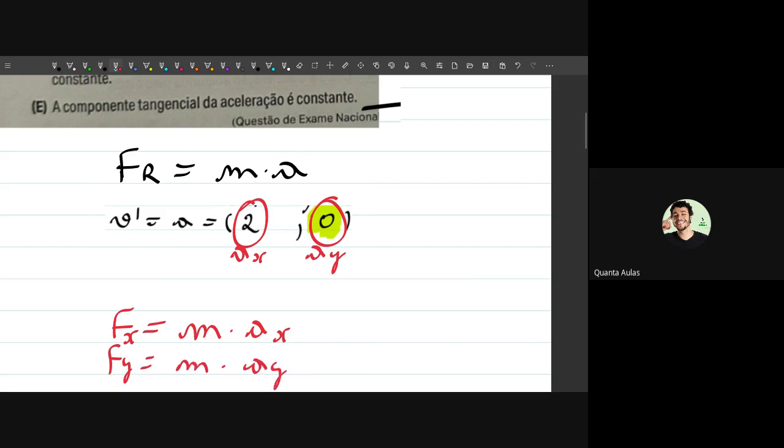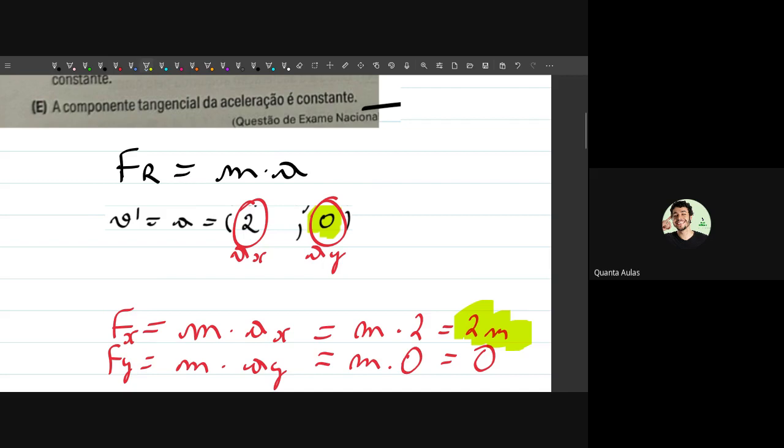But we have x acceleration 2 and y acceleration 0. So 2m and 0. But 2m will never change, because the mass is always the same.